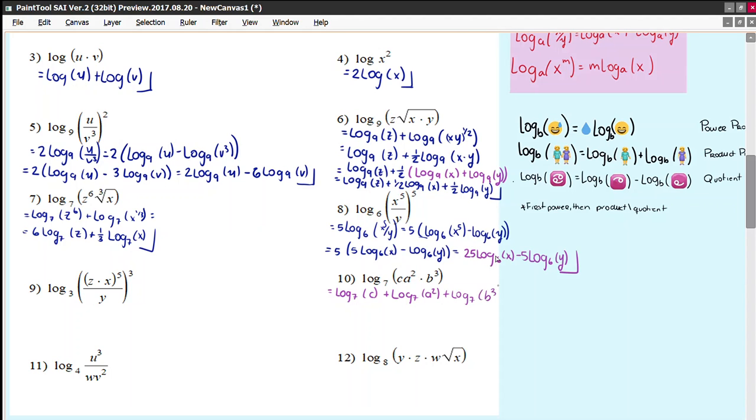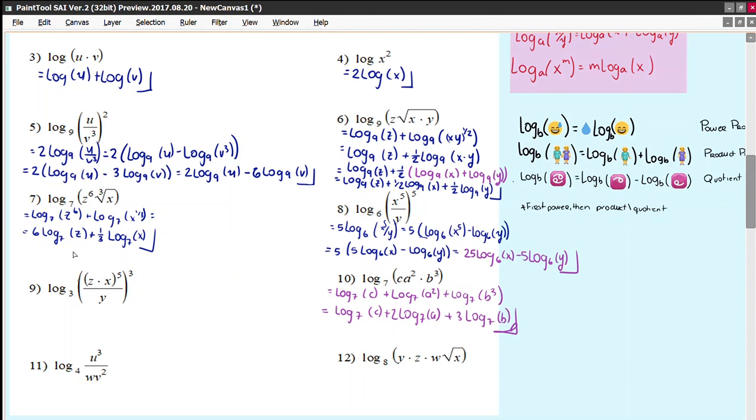And because these arguments have a power, we can use the power property to pull that exponent outside. So this is logarithm base 7 of C plus 2 logarithm base 7 of A plus 3 logarithm base 7 of B. And this is your expanded expression, and there's nothing left to do.